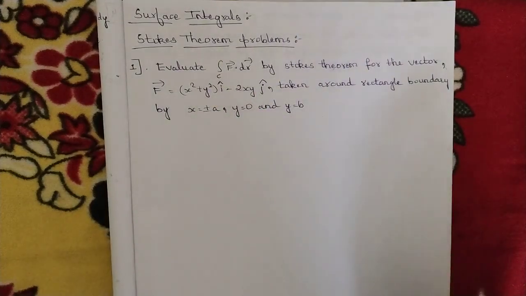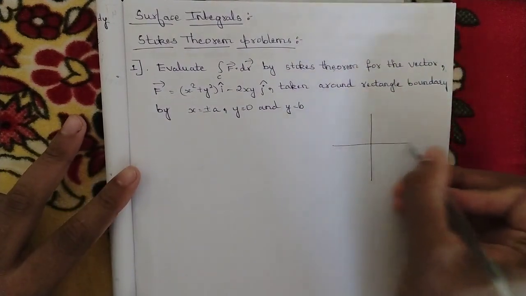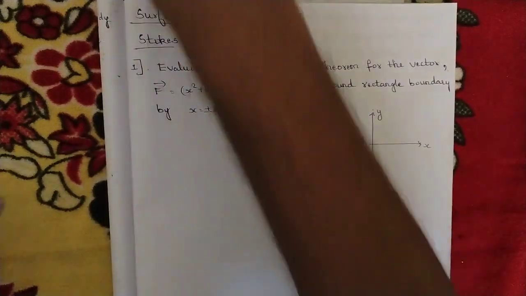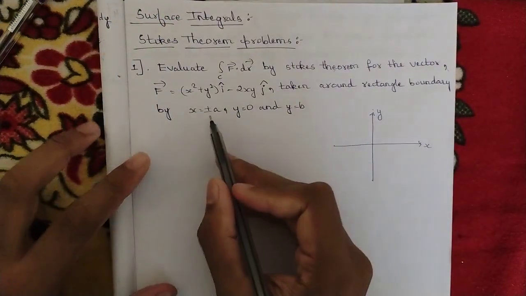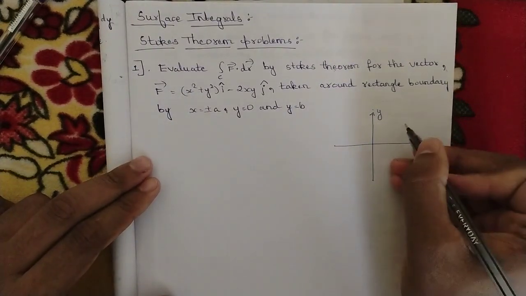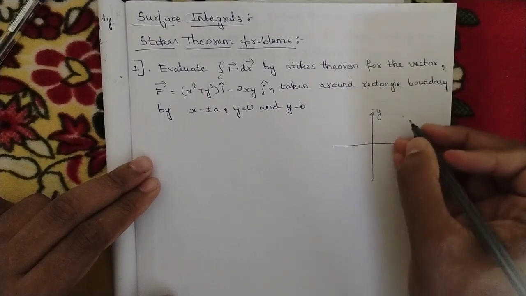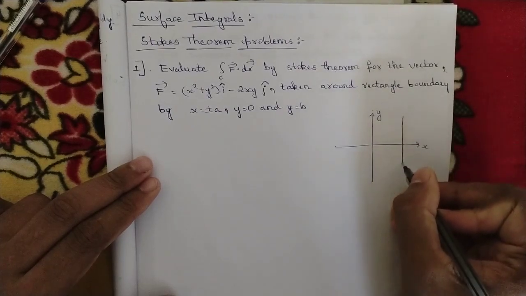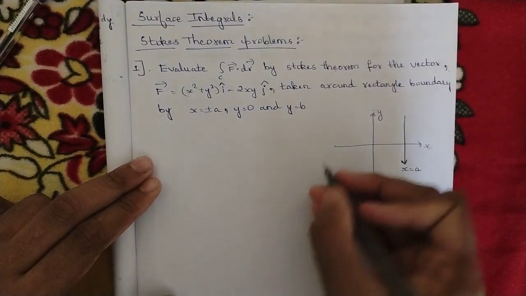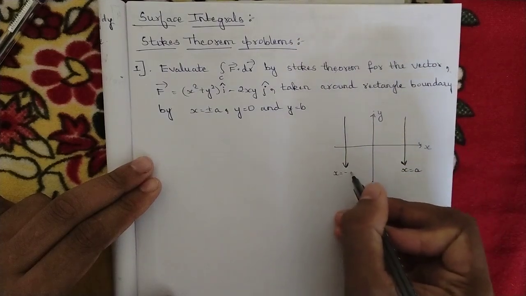Seeing the conditions, let us draw the plot first. Okay, the Cartesian plane xy. What all have they given? One, they have given x is equal to plus a, which is any constant that lies in the positive quadrant, somewhere here. So this is x equal to a, and similarly on the opposite side we have x equal to minus a.